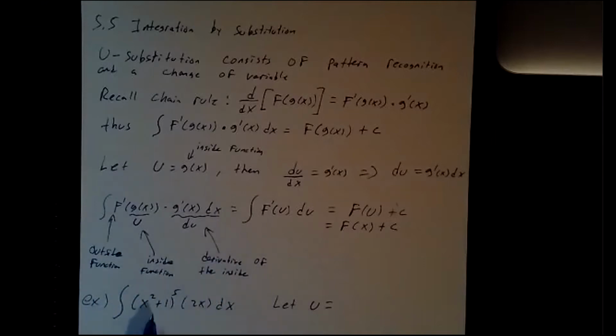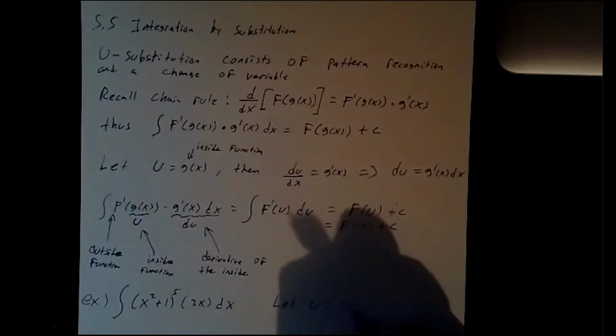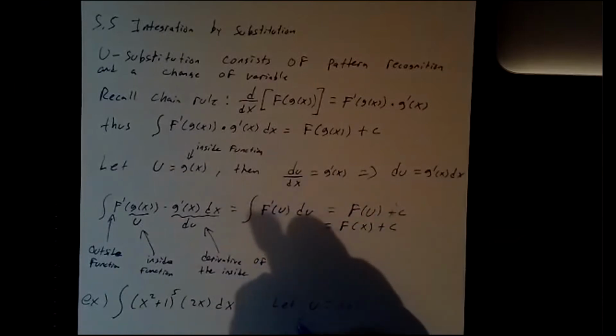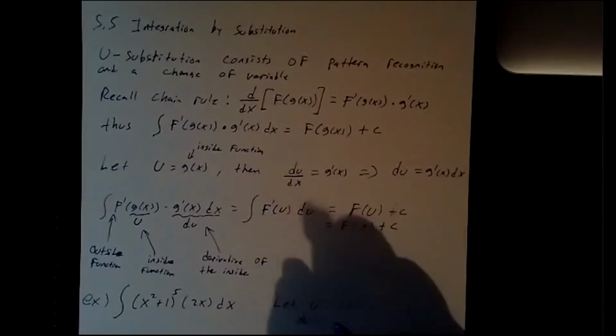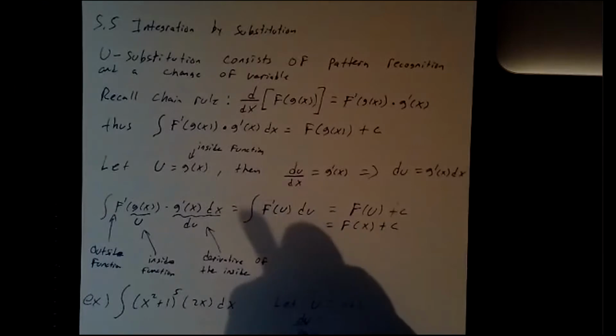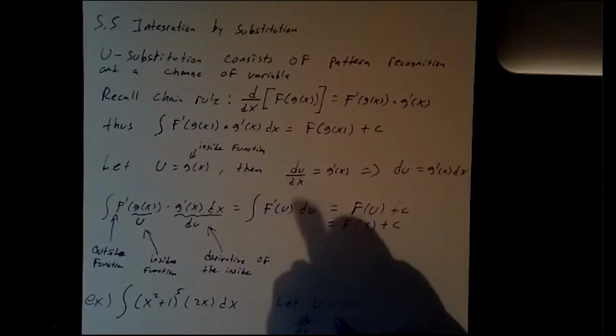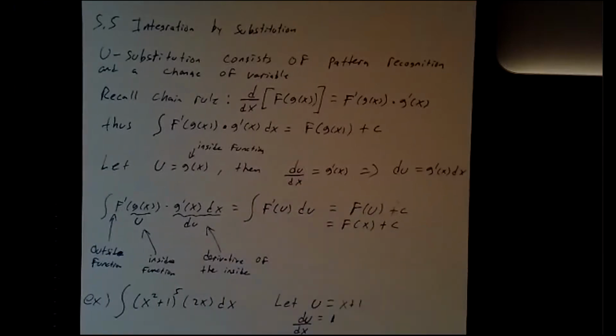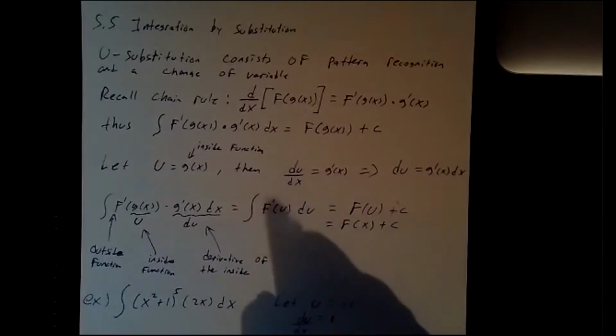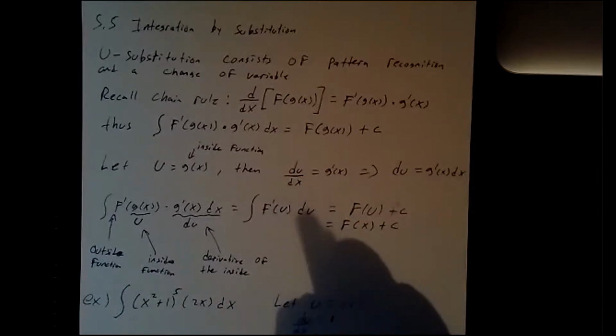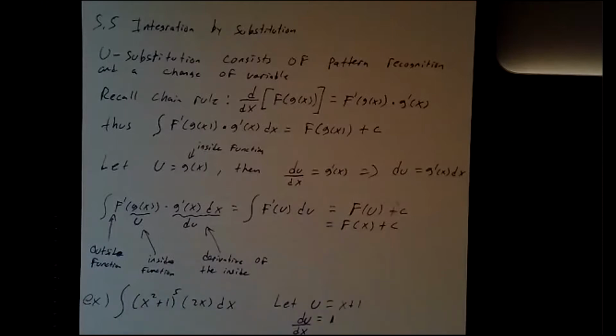So u is going to be this guy because it's so difficult to deal with. So x plus 1. du, the derivative of u with respect to x, will be just 1, right? If I solve for du, I'll have 1 dx. I messed up.